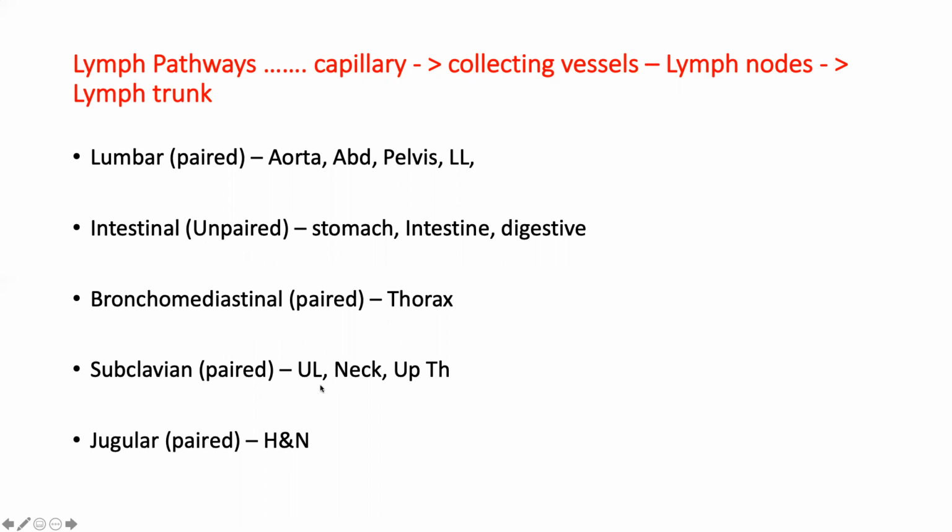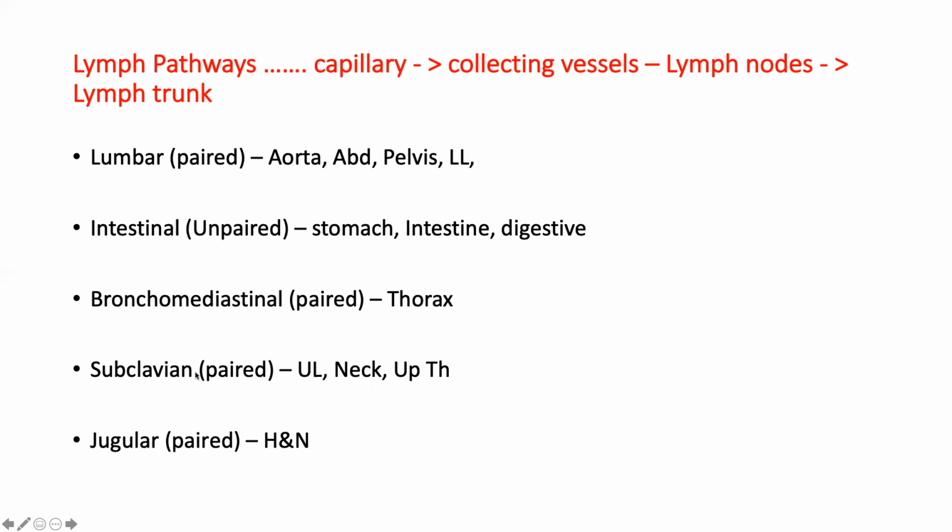And for the upper limb, neck, and upper thorax, we have right upper limb, left upper limb, left upper thorax, and right upper thorax, and the right side of the neck and left side of the neck, as we have seen in our very first diagram. They will finally become the subclavian lymph trunk.